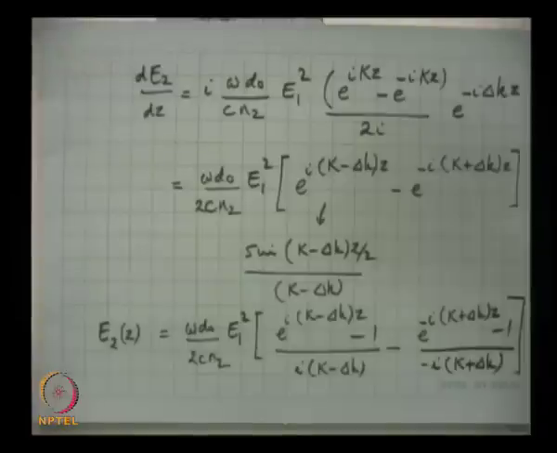Just the integral from 0 to z, and I am assuming E2 at 0 is equal to 0. There is no second harmonic at the incident plane, there is only the fundamental.